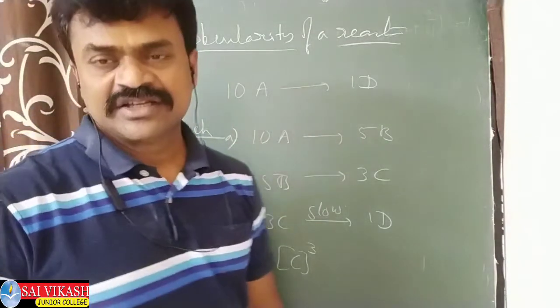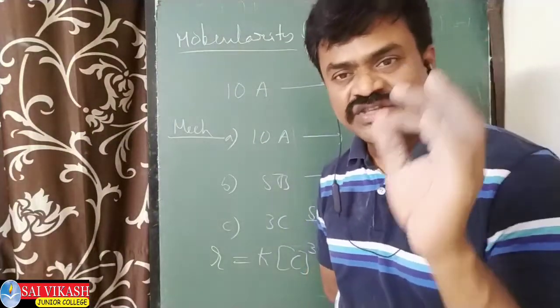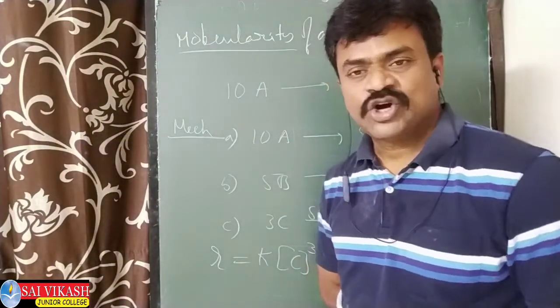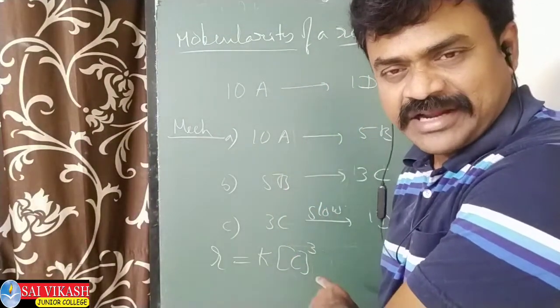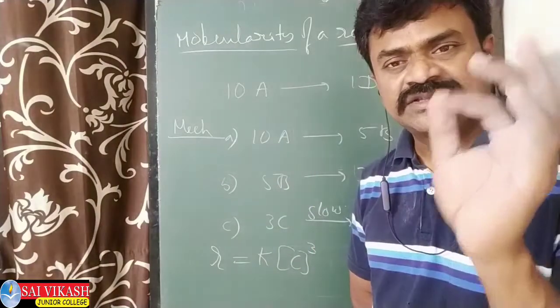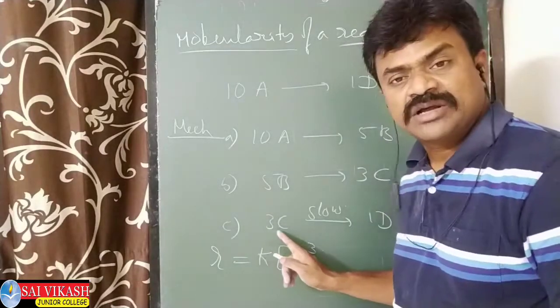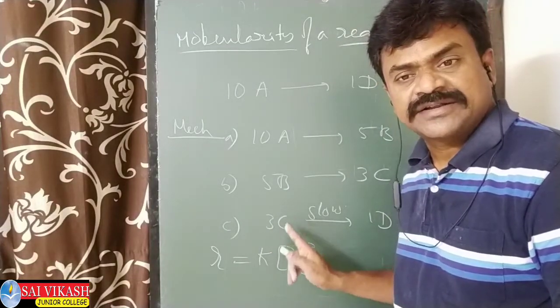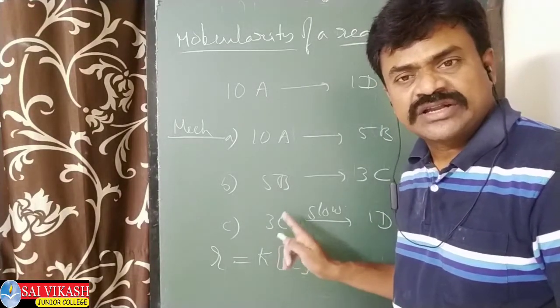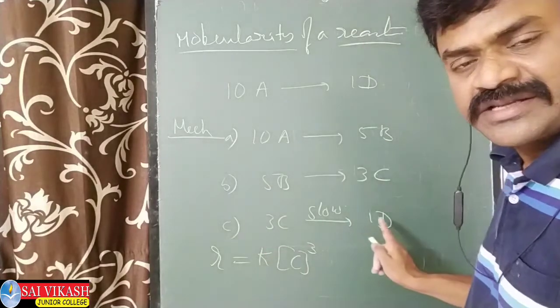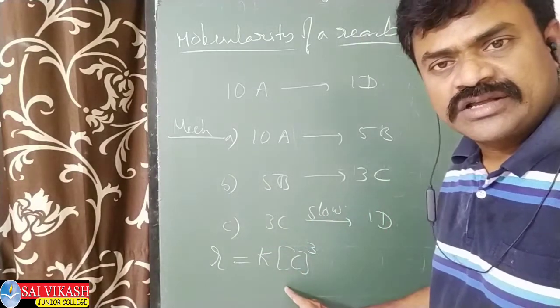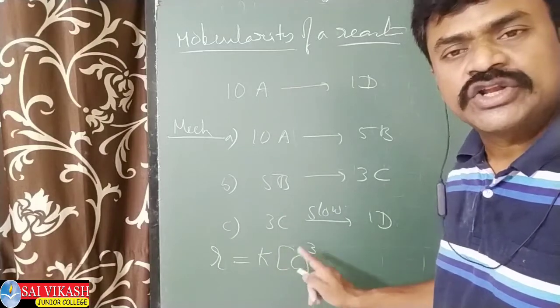That's it. This is a theoretical determination. Order is experimentally determined. Molecularity is theoretically determined. Whatever the number of molecules or atoms or reacting species involved in the rate determination step is called the molecularity of a reaction.